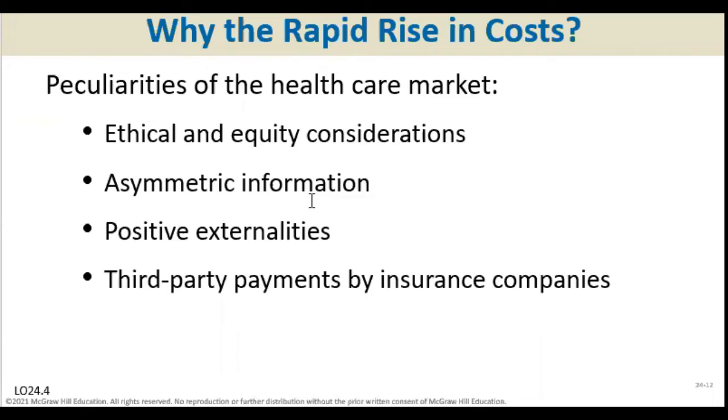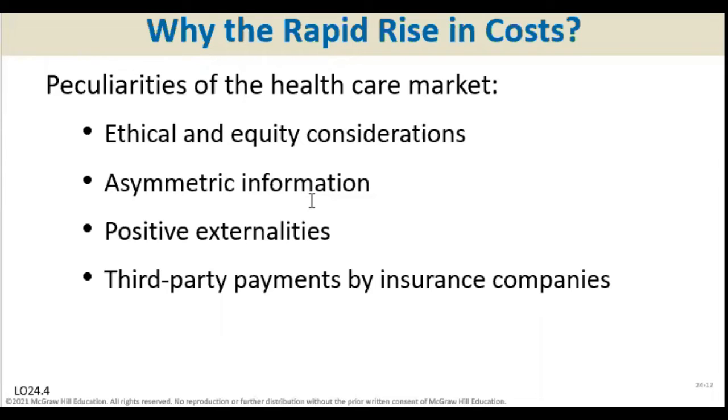So that asymmetric information is another thing also. It puts the patient in the position that they cannot shop around. There's a positive externality to society due to improved healthcare and immunization.